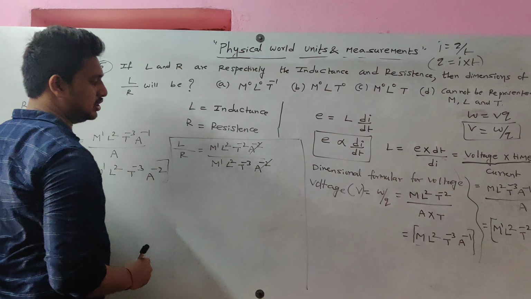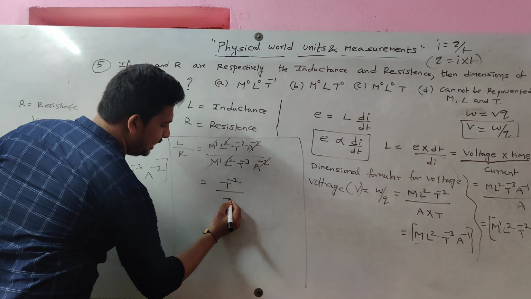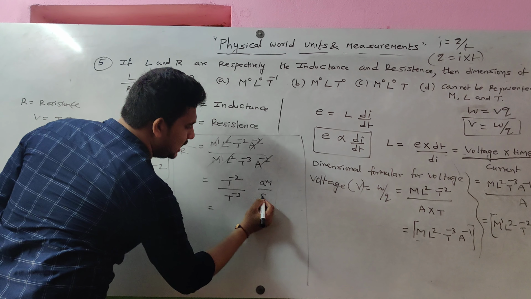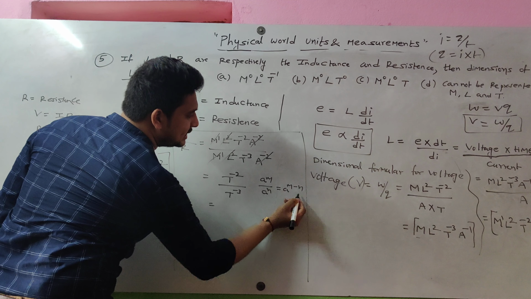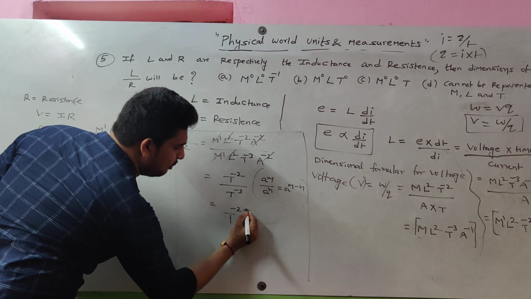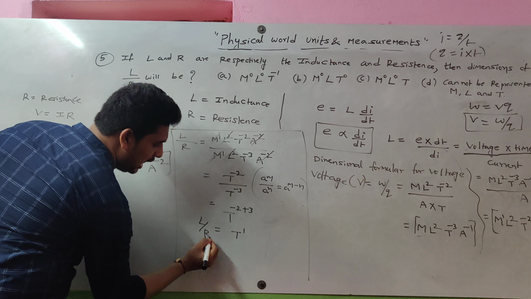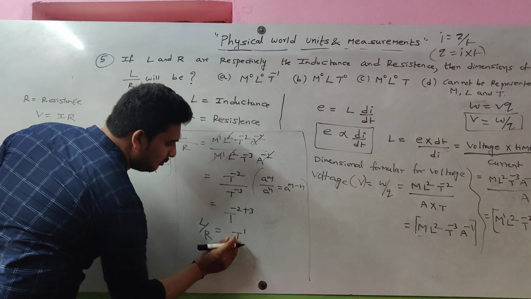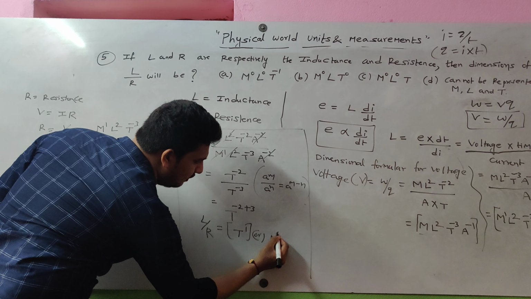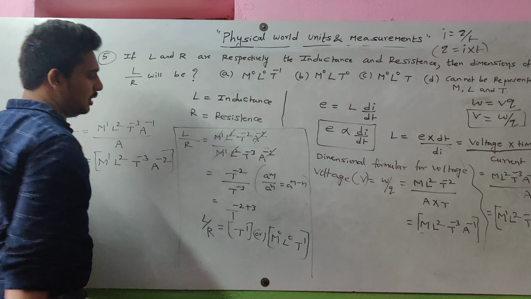A power minus 2 cancels, M cancels, L square cancels. What we got here is T power minus 2 by T power minus 3. Formula: A power m by A power n is A power m minus n. That means T power minus 2 minus of minus 3, plus, that means T power 1 we got. So L by R dimensional formula is T power 1, or we represent it like this also, M power 0 L power 0 T power 1.